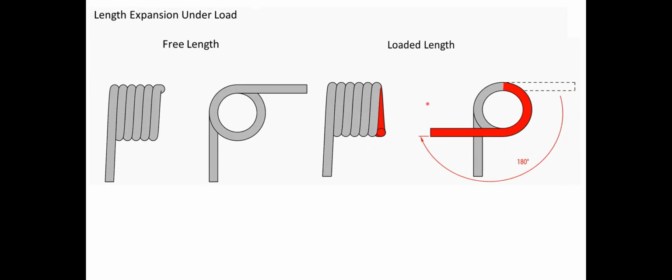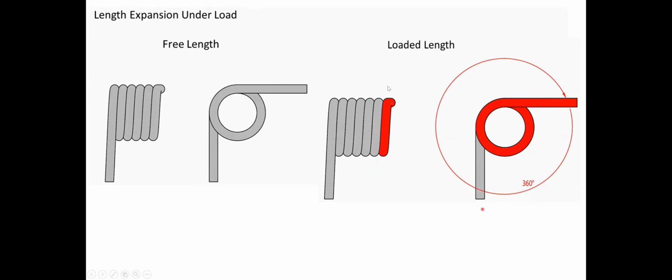So when we rotate 180 degrees, and when we rotate a whole circle, 360 degrees, you will have the length with one more coil.